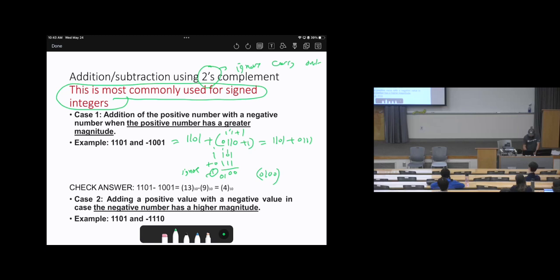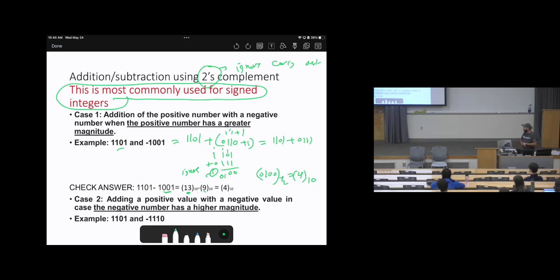Validate your answer. This is equivalent to 13. This is equivalent to 9. 13 minus 9, 4. And when you convert this, it will be 4 in decimal. Okay? Straightforward. Just keep in mind that when you convert, find the 2's complement: find the 1's complement and plus 1.